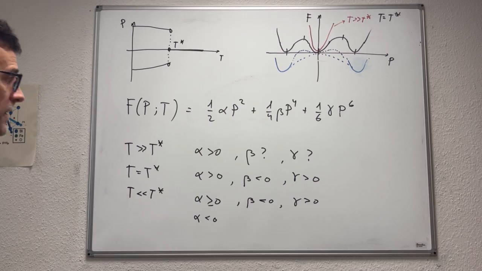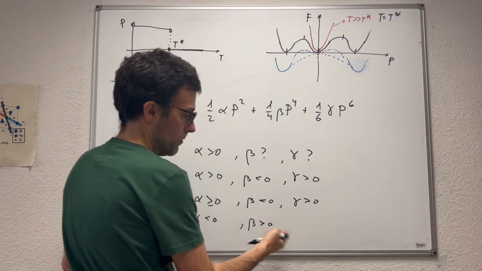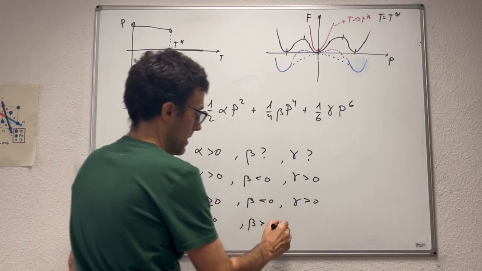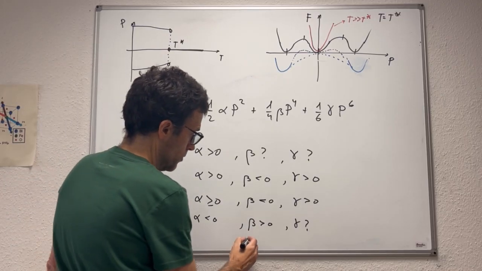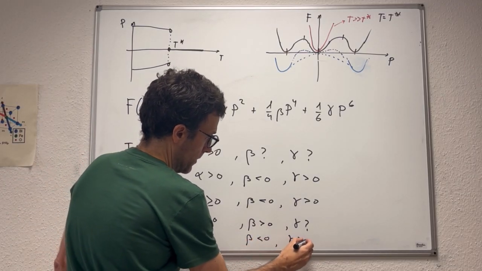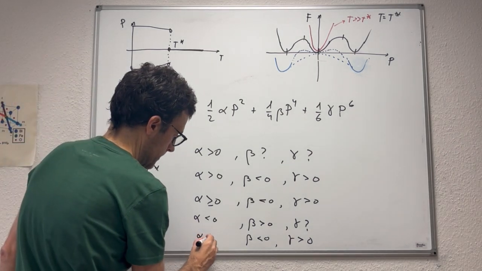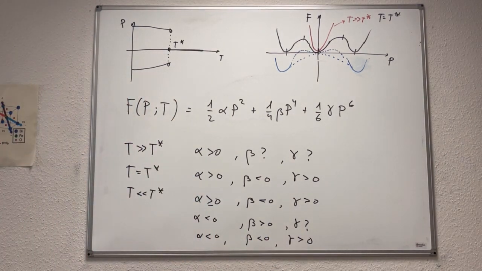Then, in principle, we could choose beta to be positive, as we did, let's say, to study the continuous transformation, and gamma would be undetermined. Or we could choose beta to be negative, and then gamma would be positive. Okay, so for a sixth order model like this, this is all that we can have. These are our options.